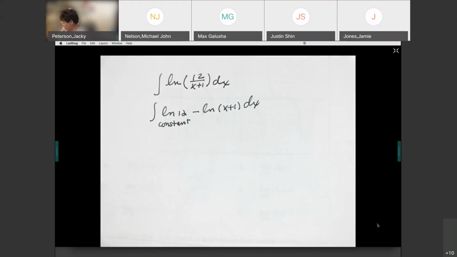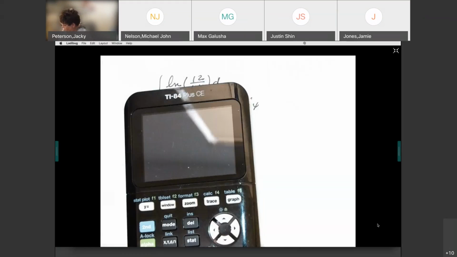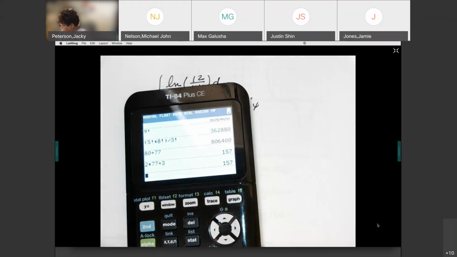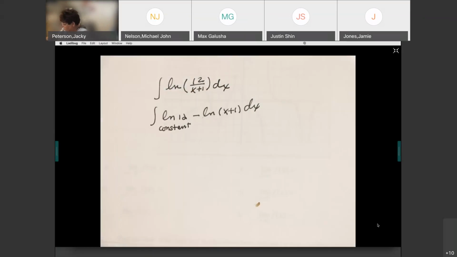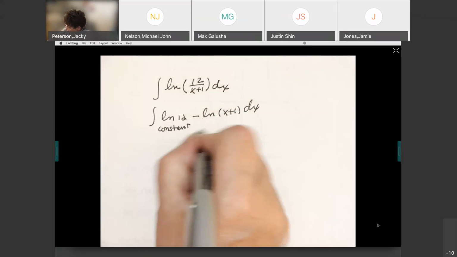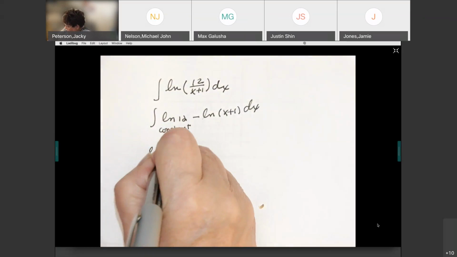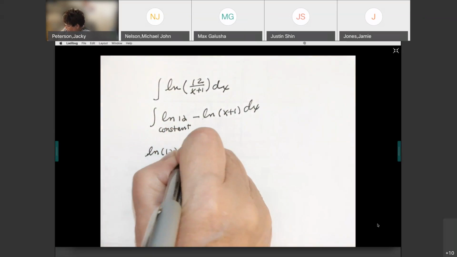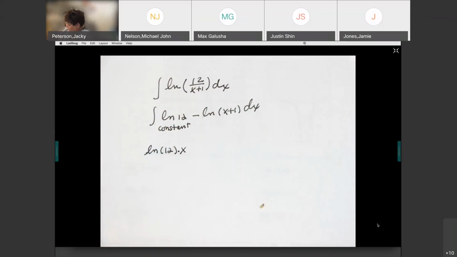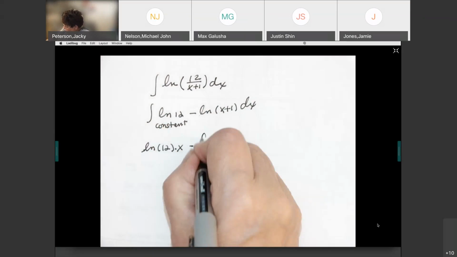So if I wanted to take the natural log of 12, today is a bad allergy day, it's about 2.5. So this integrates out as the natural log of 12 times x. And then this is the integral that's the problem.